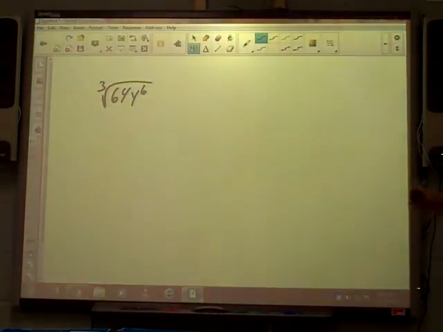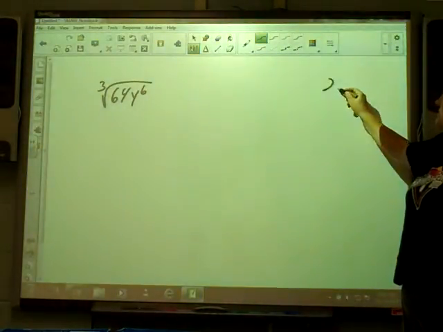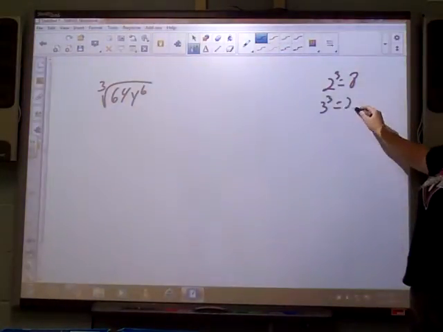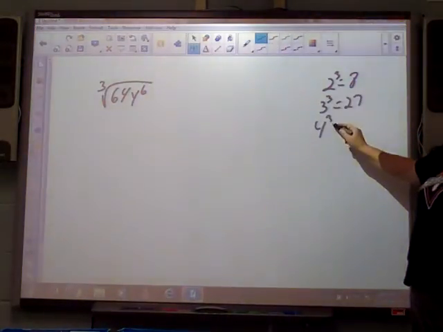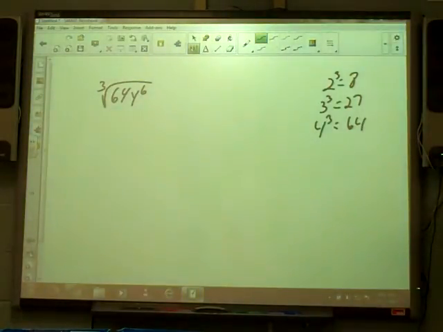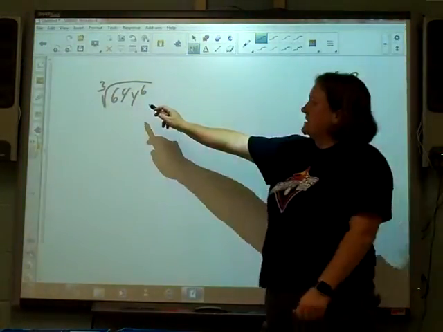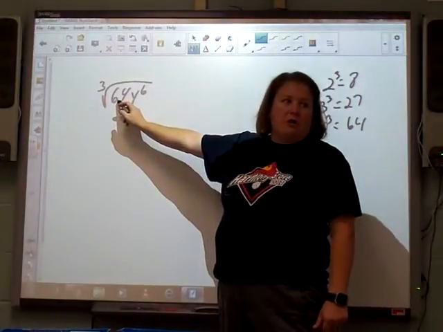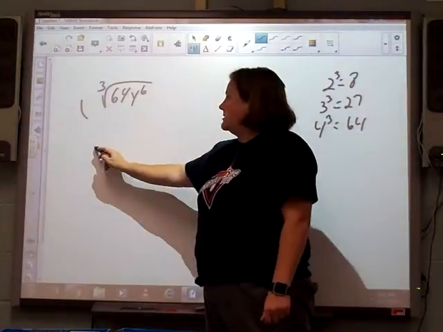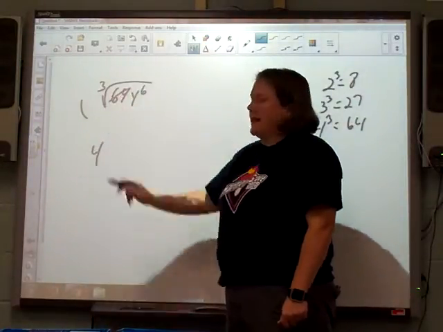We've made a short perfect cube list 3 times now. 2 cubed is 8. 3 cubed is 27. 4 cubed is 64. Whoa, that's good news, because that means this 64 is a perfect cube. So I can bring 4 out to play, and I'm done with that.